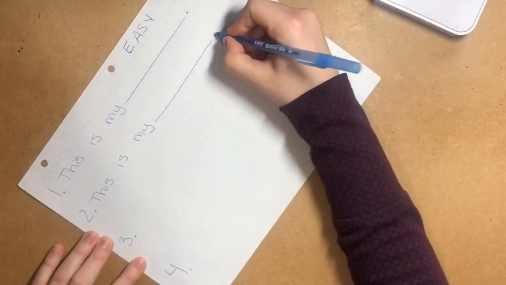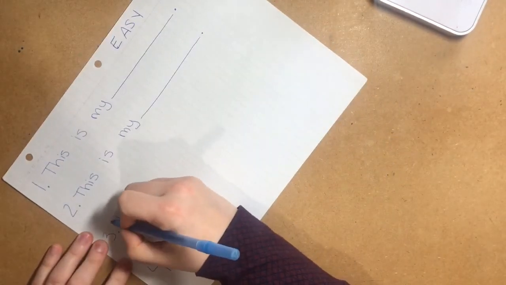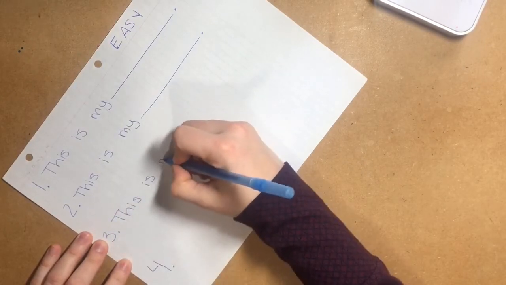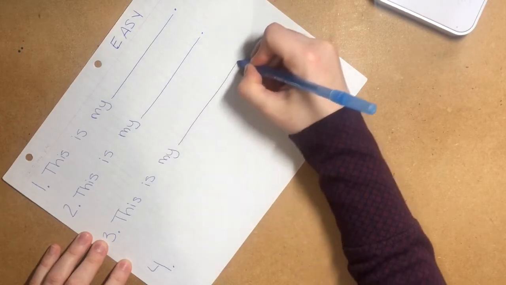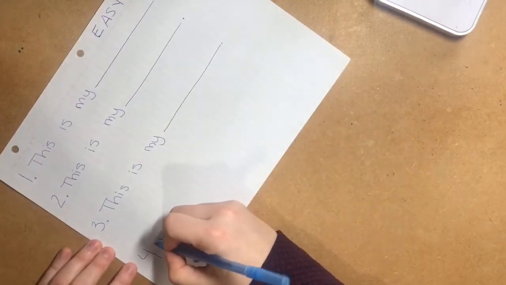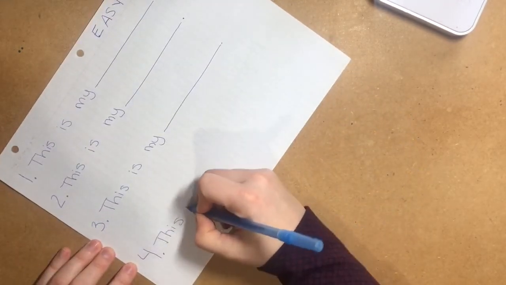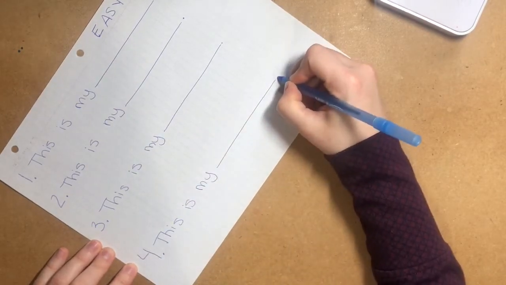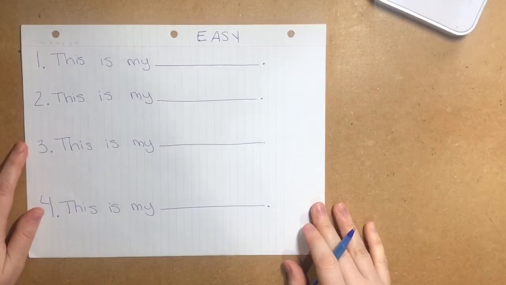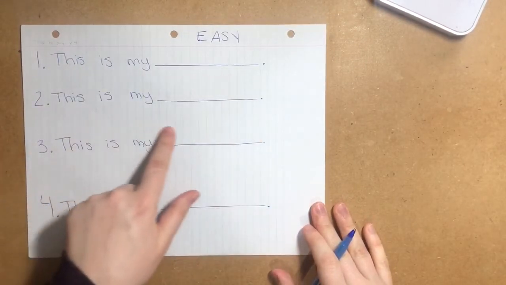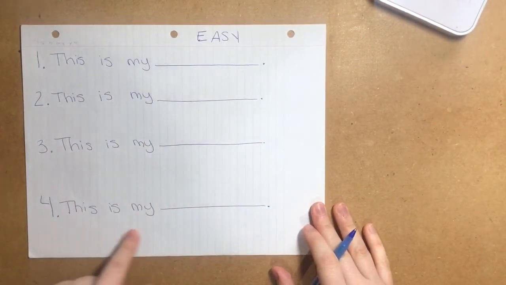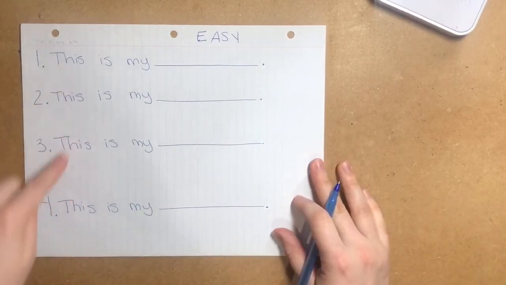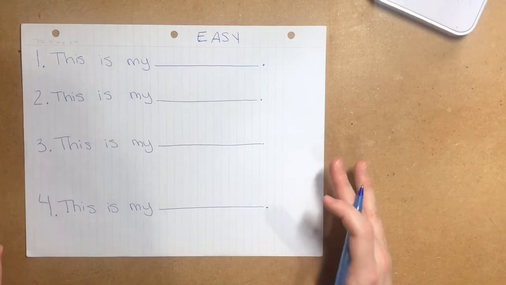And then I'm going to add a period at the end too, since we're completing our sentences. Alrighty. So we have, this is my blank, this is my blank, this is my blank, this is my blank. So that's how we're going to say, for the easy version, our rap.